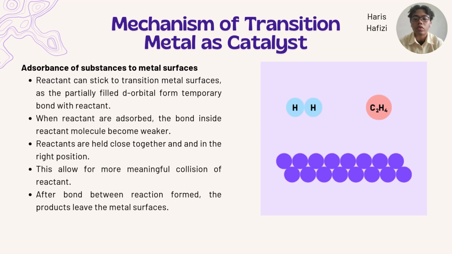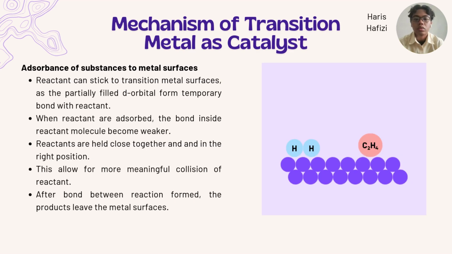Now, for a molecule to form or break bonds, it would require energy. But by adsorbing to the surface of the metal, it breaks the H-H bond of the hydrogen and weakens the pi bond on the alkene, lowering the initial energy required to form a bond between the two reactants.